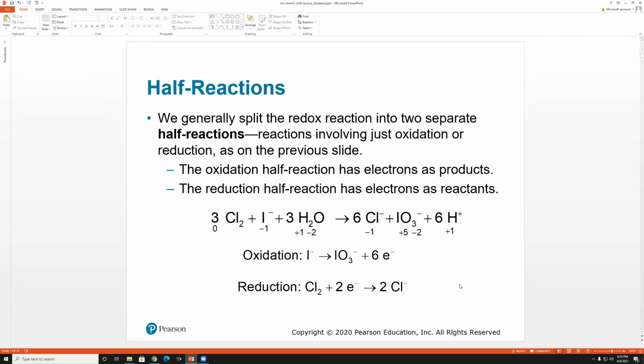So we have our half reactions. We've seen these before, where an oxidation half reaction means your electrons are being released. So oxidation is losing electrons. Iodine is being oxidized, meaning it gains oxygen, loses hydrogen, but all the time it loses electrons.